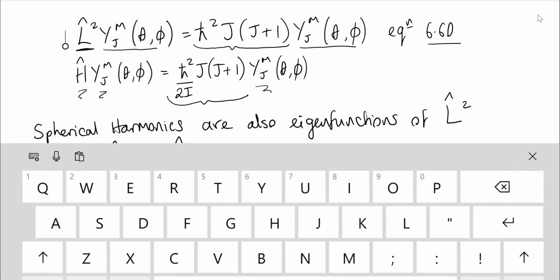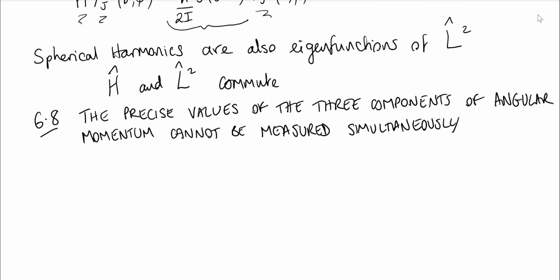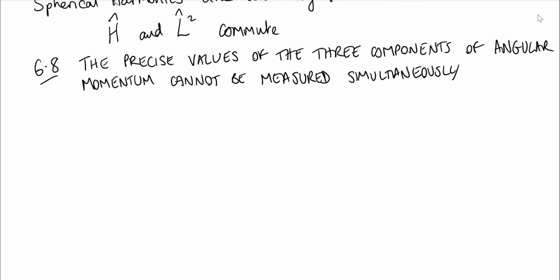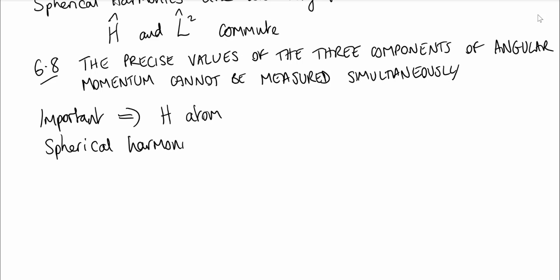And so why is this important? It's important because, again, it's going to influence what we learn about the hydrogen atom. The spherical harmonics that we've looked at so far are the angular wave functions of a hydrogen atom, as well as a rigid rotator.